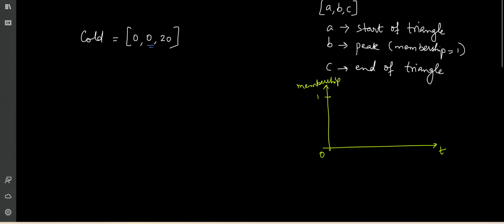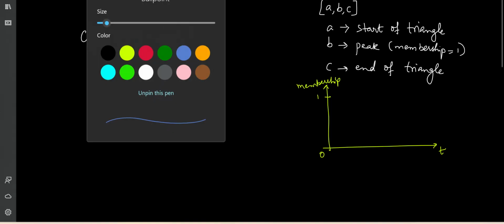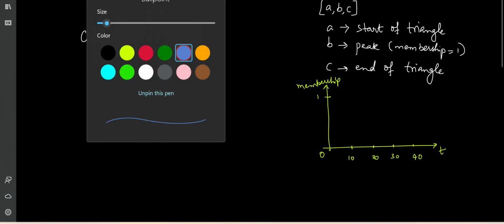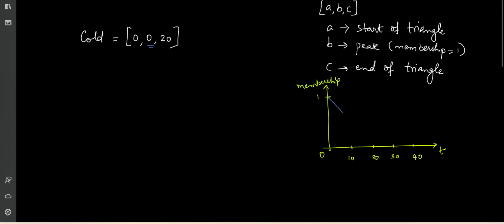This is 10, this is 20, this is 30, this is 40, in degrees Celsius. Now this line is going from 0 to 20. That's it. This is the cold membership line. Anything less than 0 is also to be considered as 0.